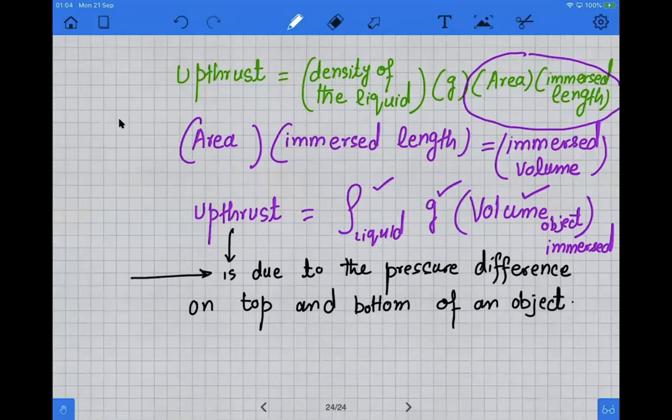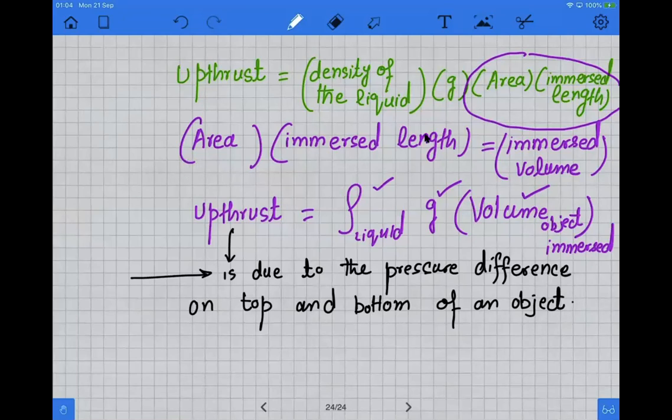So upthrust is due to pressure difference on the top and the bottom of an object, and it is an upward force that tries to bring the object out of the liquid. And its formula is the multiple of density of liquid, acceleration due to gravity, and the volume of the object immersed in the liquid.